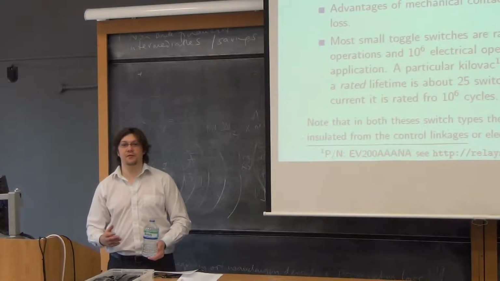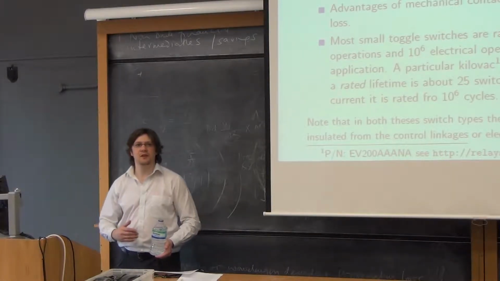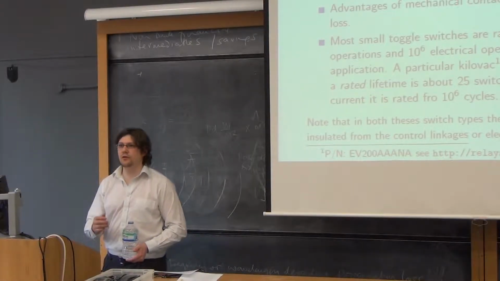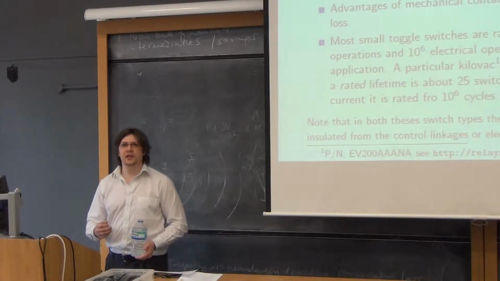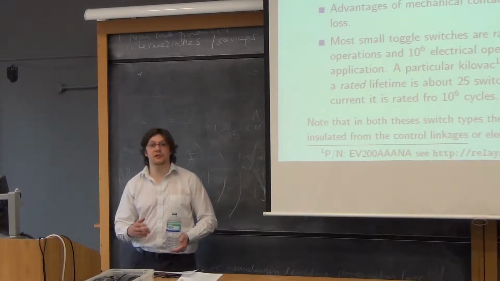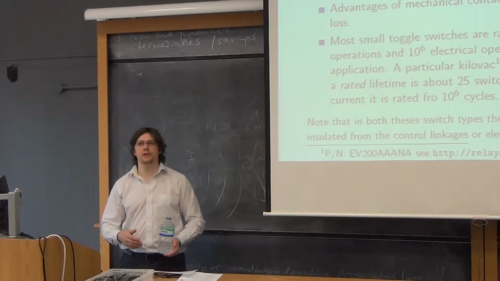Breaking no current is very easy, it's just moving 2 pieces of metal. So not only is it dependent on the mechanical wear and tear, it depends on the electrical conditions when you're making and breaking the current.